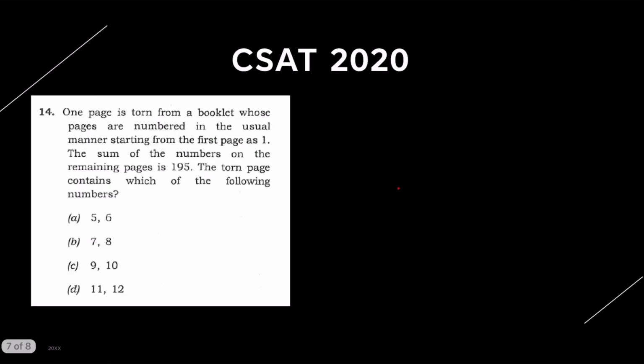Now, coming to the previous year question from this section. Very nice question and a good application of the formula for the sum of a series, right? Before that, I will do a quick recap of three formulas. First, the sum of the first n natural numbers is n into n plus 1 by 2.